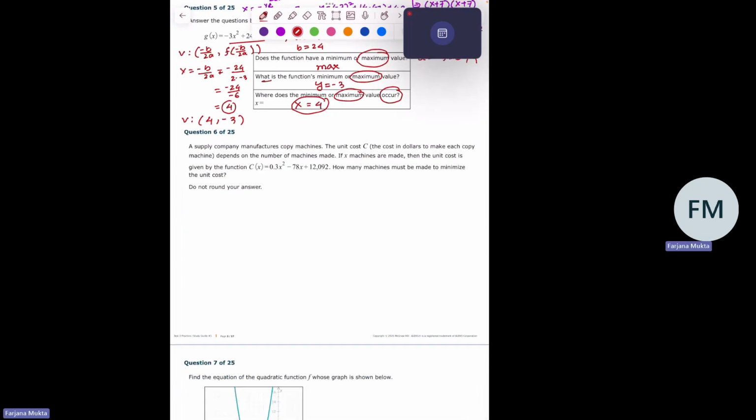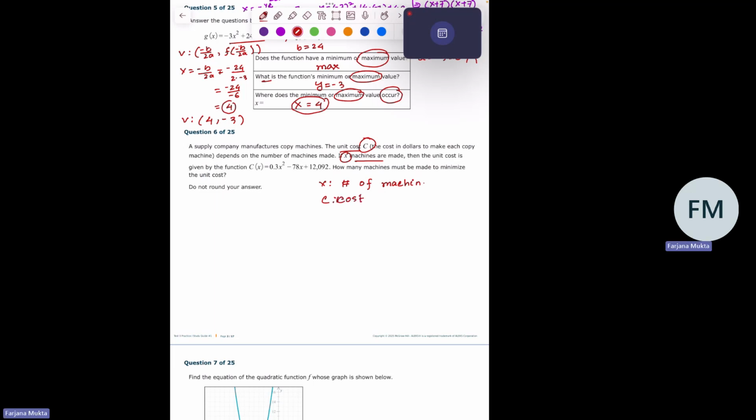Okay, the next question. It says we are trying to find the unit cost of a manufacturer of copy machines. So C represents the unit cost, which depends on the number of machines made. x is the number of machines made, and C is the cost.